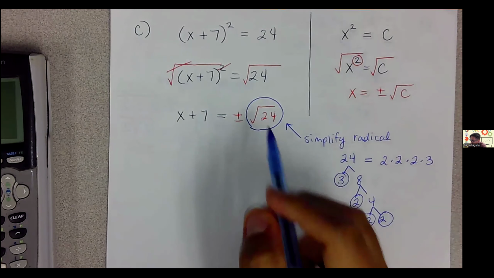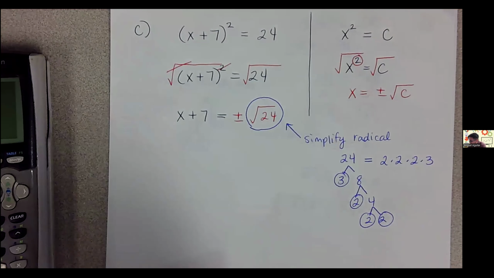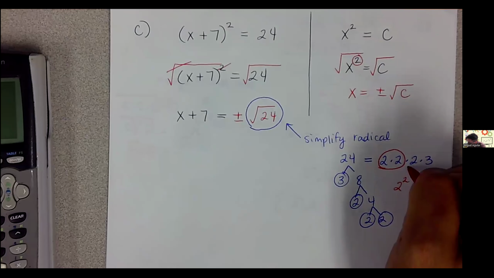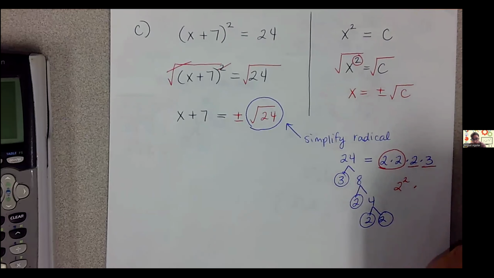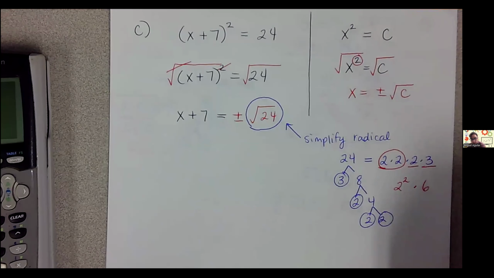The square root is going to cancel out anything that's squared. We have a pair of 2's, so this is like taking 2 squared times, we don't have another pair of 2's and we don't have another pair of 3's, so we just multiply the 2 times 3 and get 6.